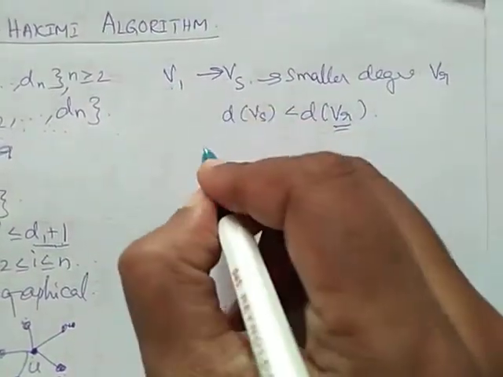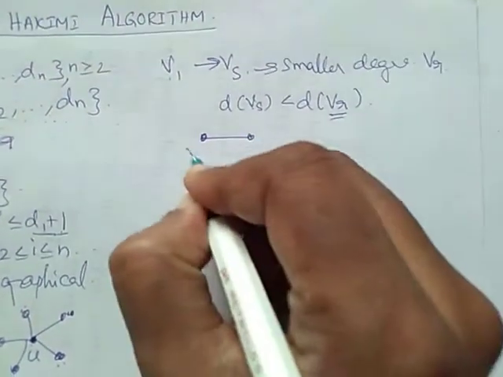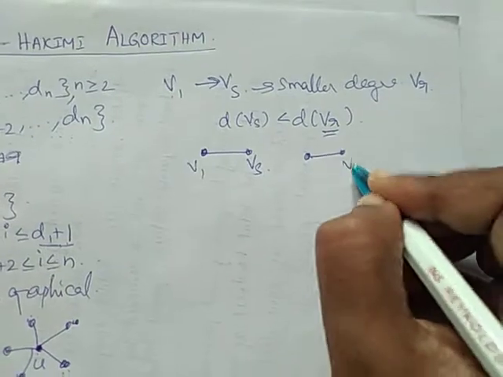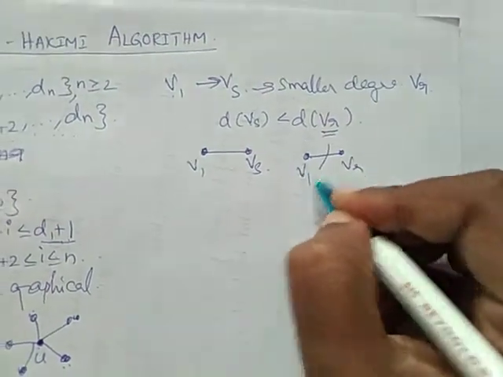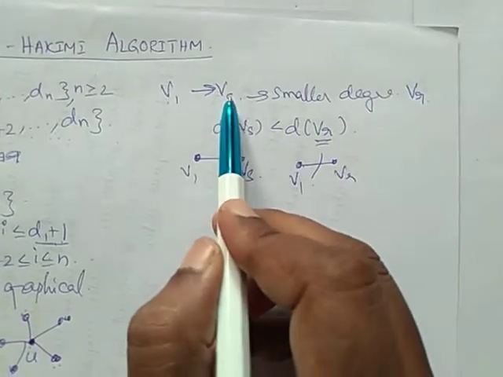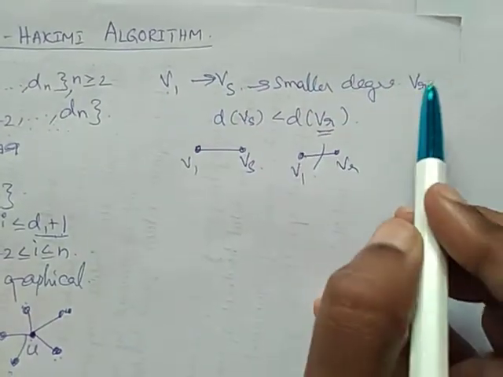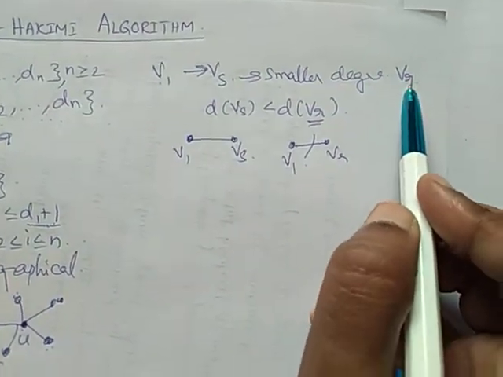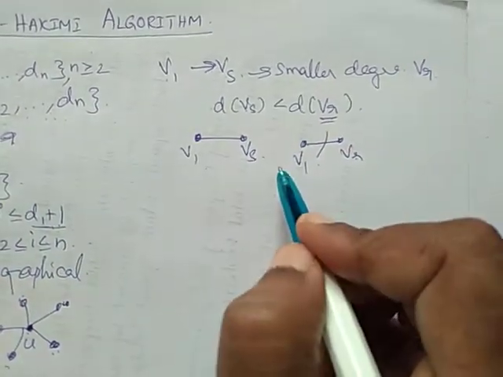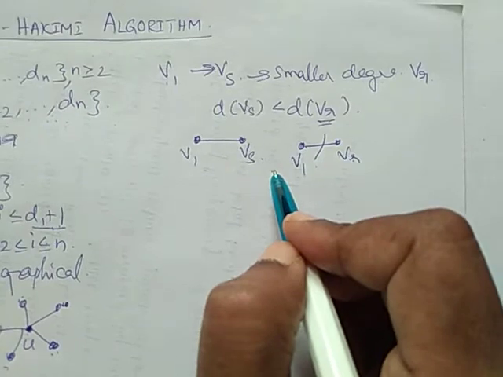Vs is adjacent to V1. Vr is not adjacent to V1. V1 is adjacent to Vs, which is of some small degree. Vr is of higher degree, and V1 is not adjacent to Vr.